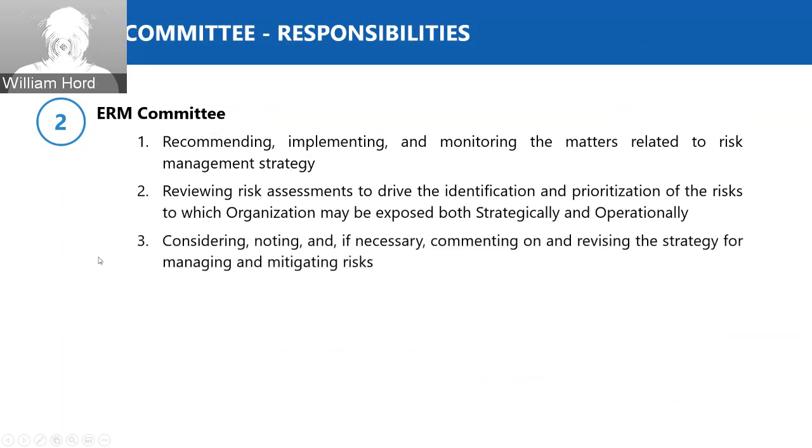Of course, commenting and revising strategy, because certainly out of that is where decisions are being made. So, what is that strategy? Are we comfortable with that strategy? Is the mitigation that's being offered up, and the monitoring of that, for it to be implemented? That's part of our responsibilities.